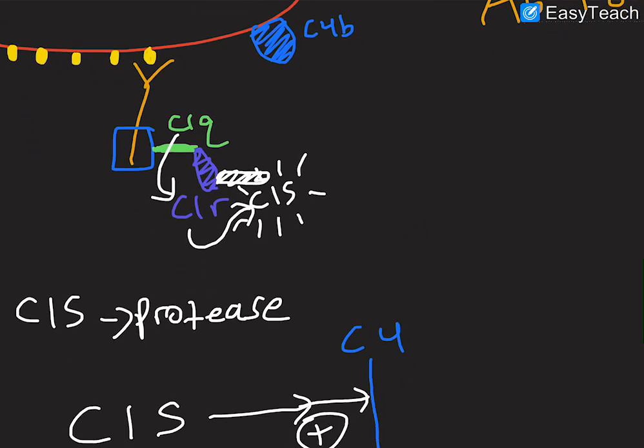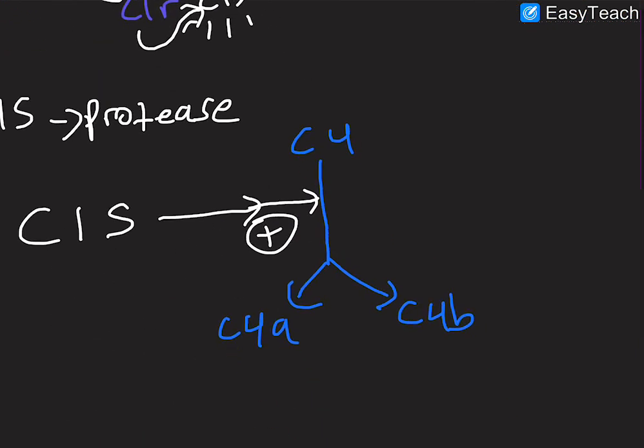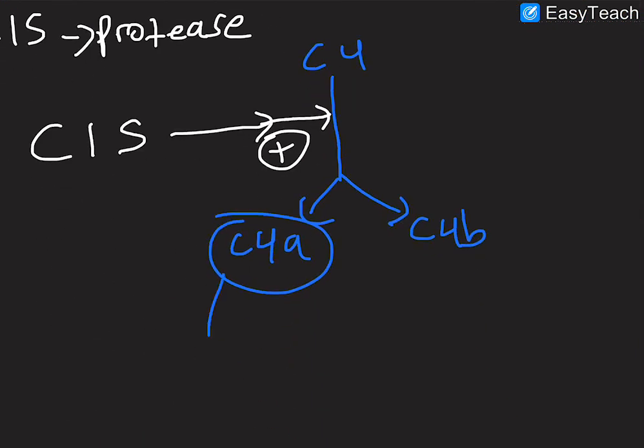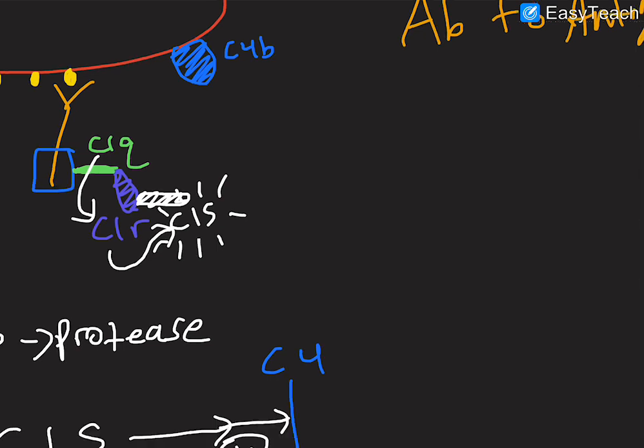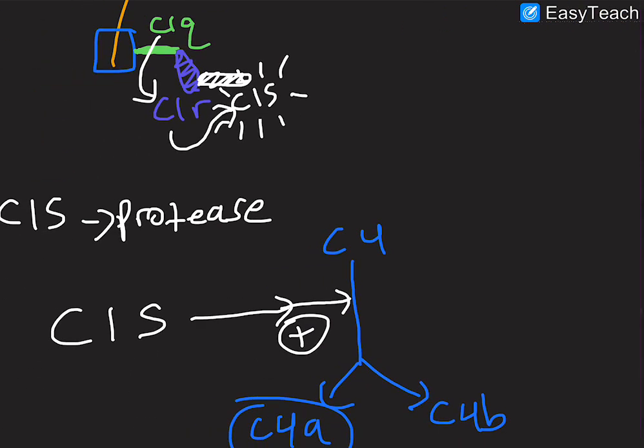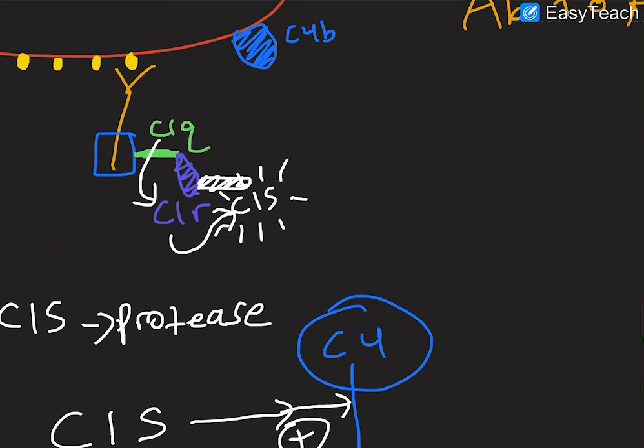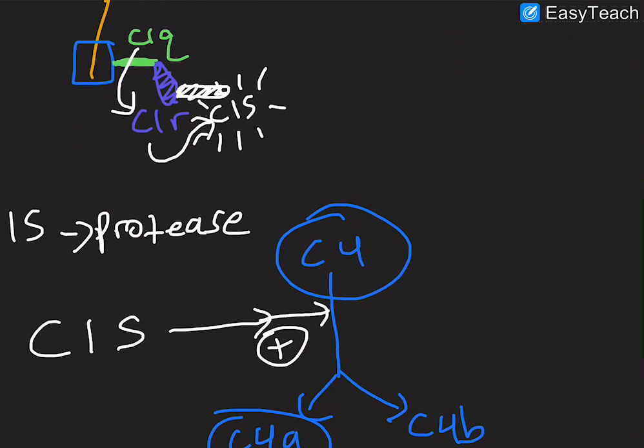C4a is actually important for inducing mild inflammation, so we'll write that it induces inflammation. But we have to focus on C4b here. So what do we say? C4b binds to the pathogen surface. And who's doing all this? C1s. It's activating and cleaving C4 into C4a and C4b.